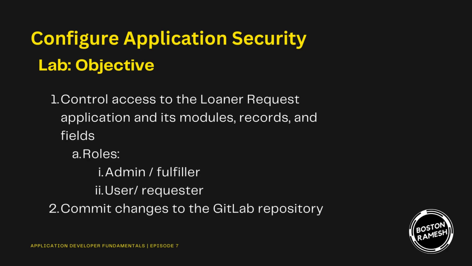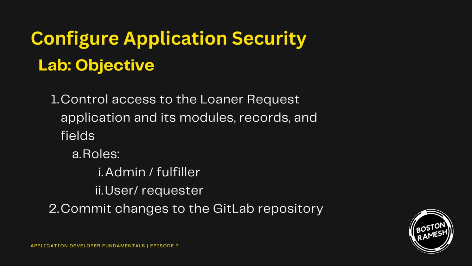And for the user role or requester persona, they should be able to create new loaner requests, see only the create new and open loaner request modules, and read loaner requests in which the user is in the requested for field. That means the user should not be seeing any other loaner requests in the instance.